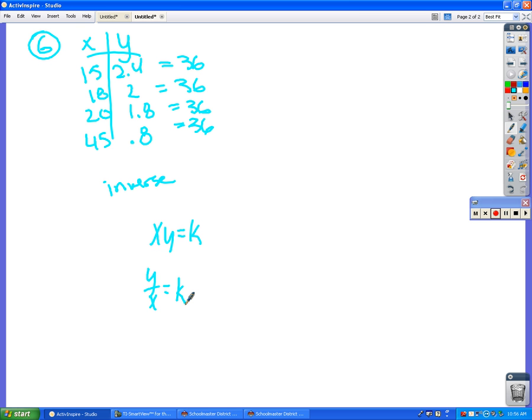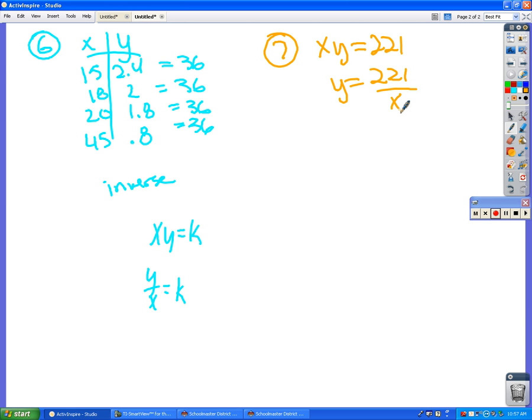All right, so then it says for 7 through 9, suppose that they vary inversely. So that means, just like I just said, that they're always going to multiply together to be the same thing. It says write a function that models the inverse variation. So for number 7, you could write xy equals, what's 13 times 17? 221. Or if you want it to be in the y equals notation, you can write y equals 221 over x.